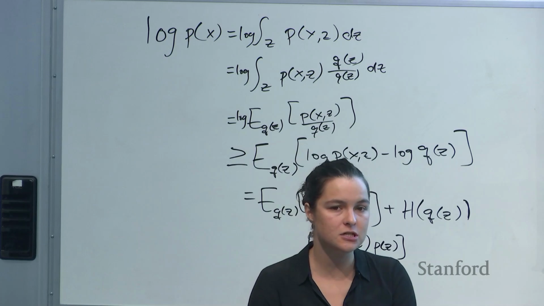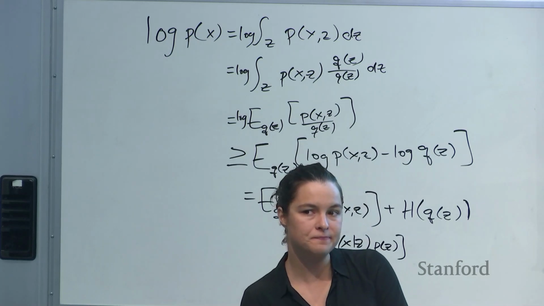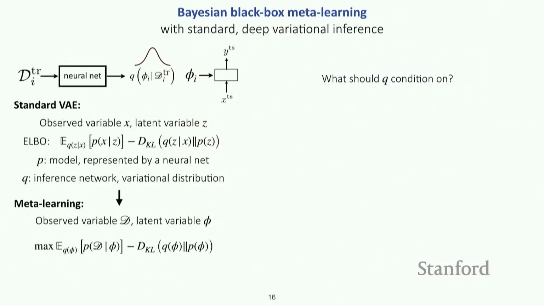The first design decision is what should Q condition on? If we want to be able to sample parameters as a function of our data set, then we should condition Q on our training data, and that's exactly what we'll do here.